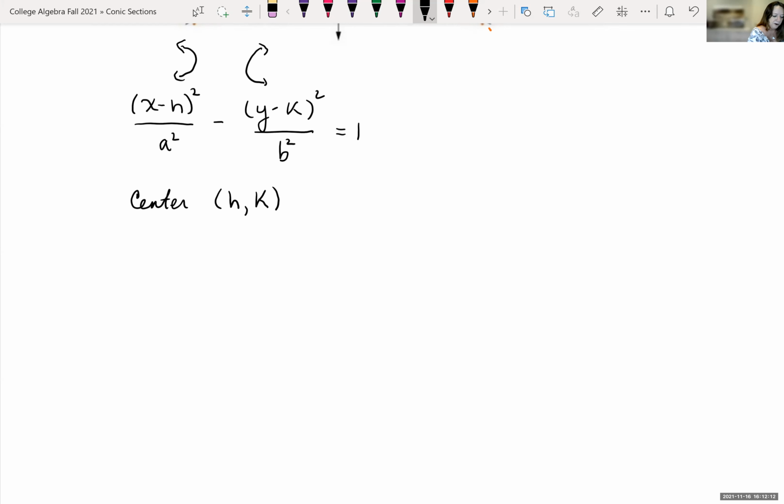And then to get our foci, actually before the foci, let's look at the vertices on the transverse axis. So these are these points right in here. We have our center here at (h, k). The distance between the center and the vertex on the transverse axis, this length in here, is a.